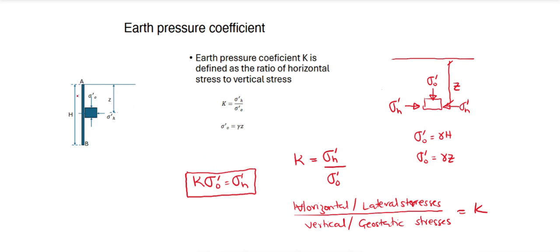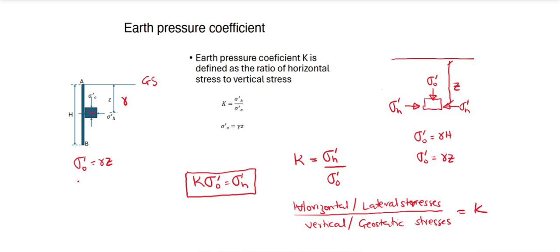So if you look at this diagram, we have AB to be a retaining wall. We have this to be the ground surface. Then we have this to be our infinite soil unit. You get it? Now from the surface to this point is Z. And so if I want to find the vertical stress on this unit, it's simply gamma Z, assuming the soil has a unit weight represented by gamma.